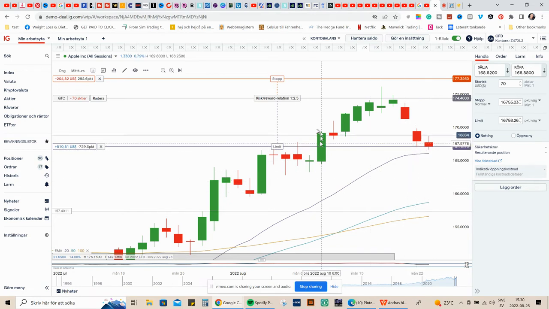You can see that my risk in money in this case was almost $205. And I'm looking for 2.5 times more profit than the risk. So if I multiply this by 2.5, I get this sum, about $500.